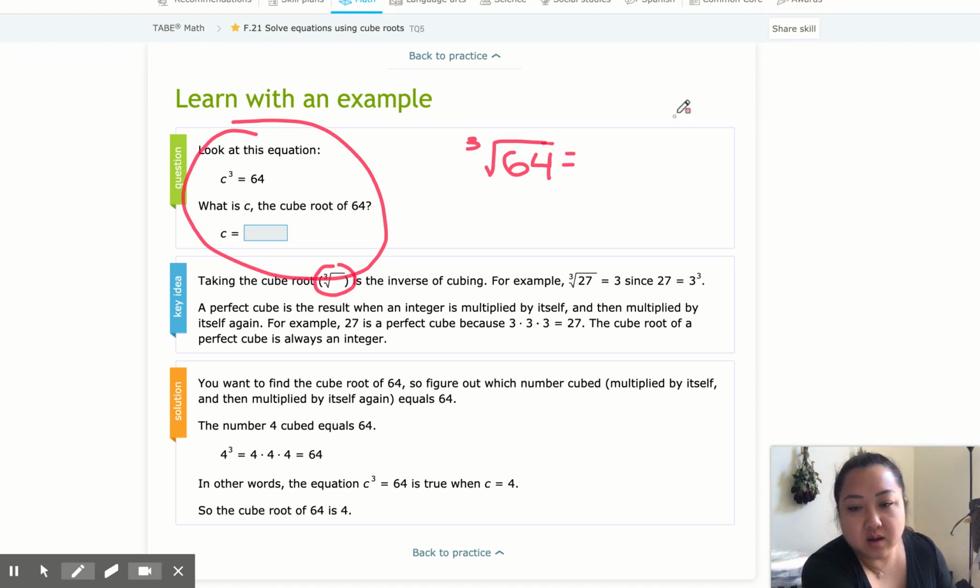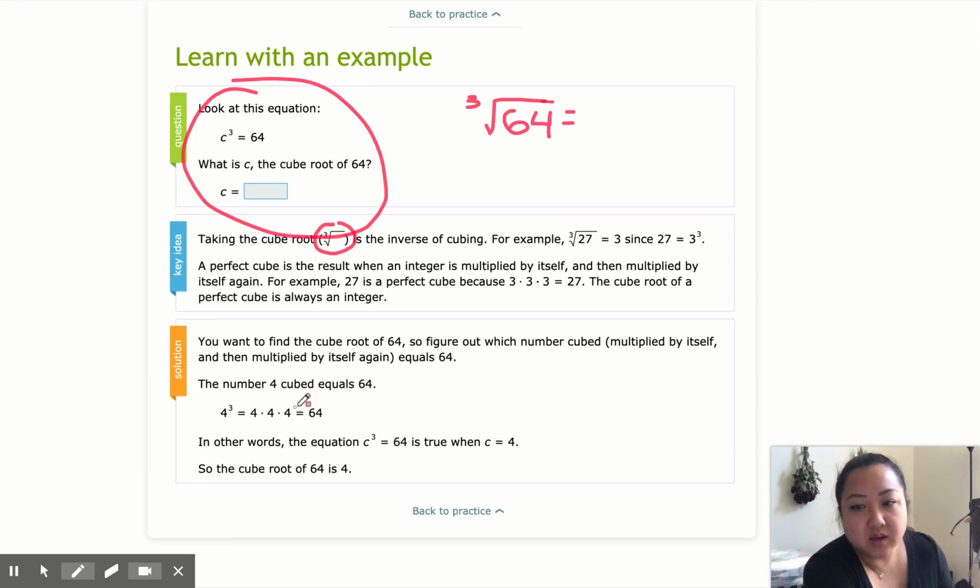So what I like to do is, if you look down here, I like to think what times what is 64, and I keep everything in the cube root. So what times itself 3 times? Well, sometimes you're not going to know that right away. So instead of doing that, well, we know that to get 64, I know that 8 times 8 is 64, right?